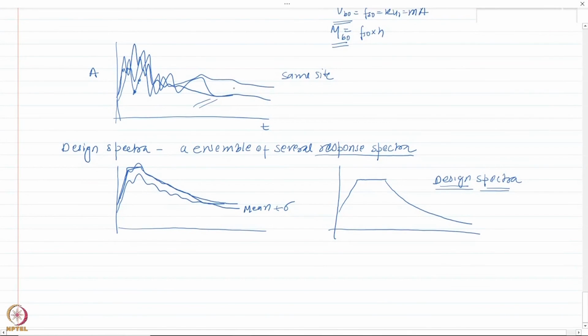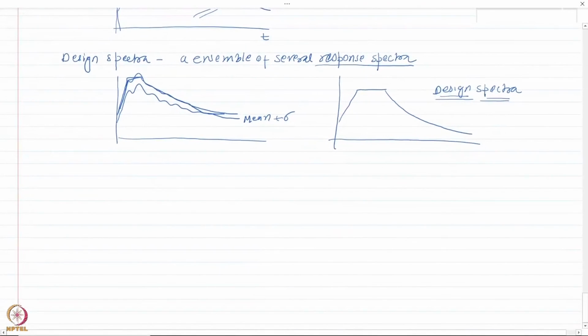So design spectra are obtained by doing statistical analysis of several ground motions or response spectra, coming up with a conservative estimate of the acceleration at different time periods, and then approximating that using curved lines or smoother straight lines. These lines represent the response spectra at the site, and this is what is utilized in the design of the structure.